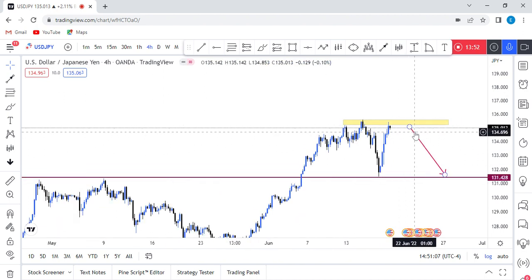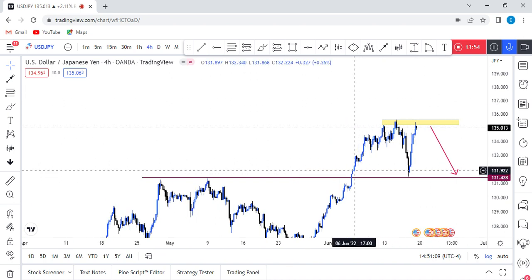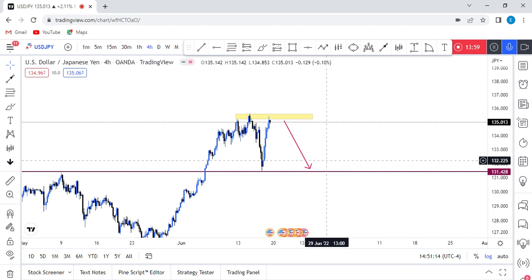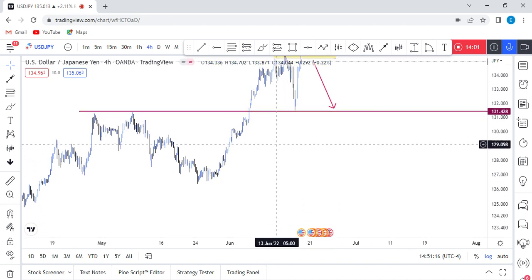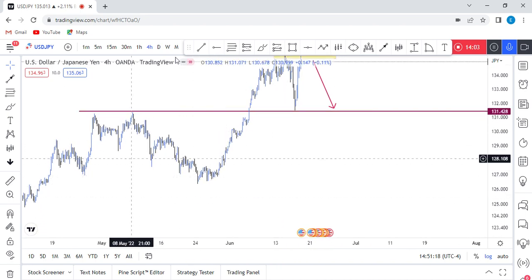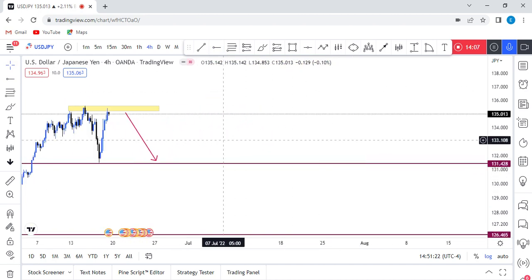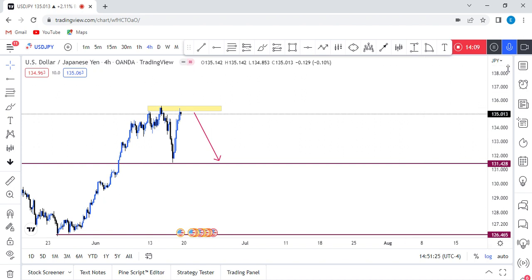We might look for a short-term sell before we continue higher, or we break this level back to this zone. So USD we must look for the sell setup.